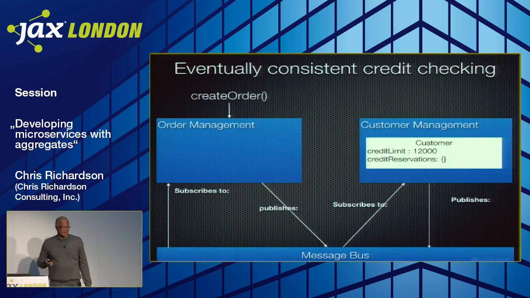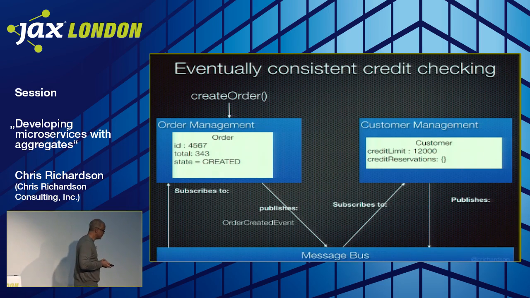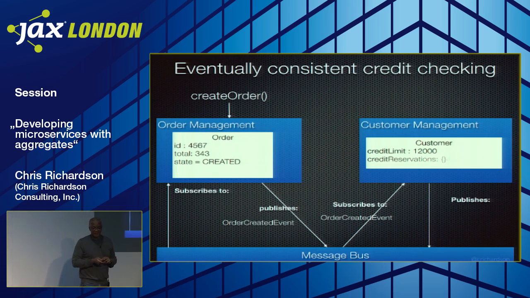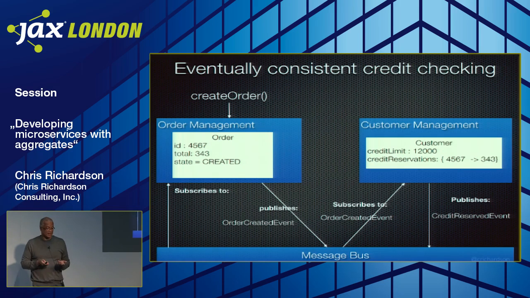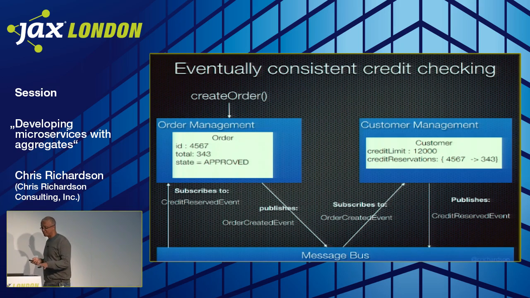Here's another way of looking at the same thing, a slightly different view. So a request comes in, the order is created, an event is published, the event is consumed, the credit is reserved, an event is published indicating that, it gets consumed, and then the state of the order transitions to approved. So it's this multi-step workflow.